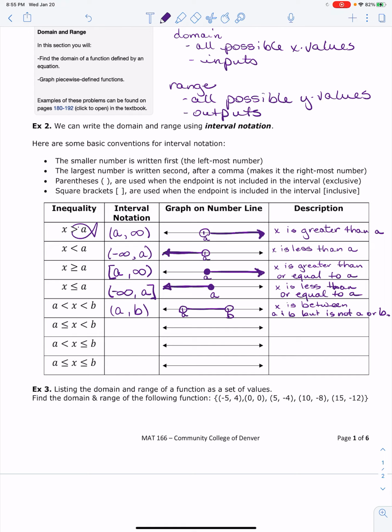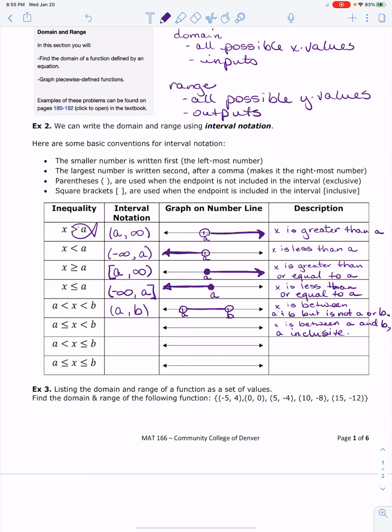Okay. So the next one, a is less than or equal to x is less than b. x is between a and b, a inclusive.